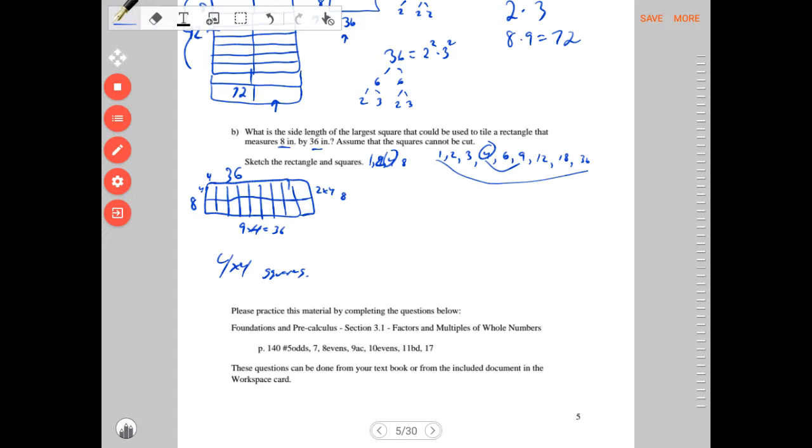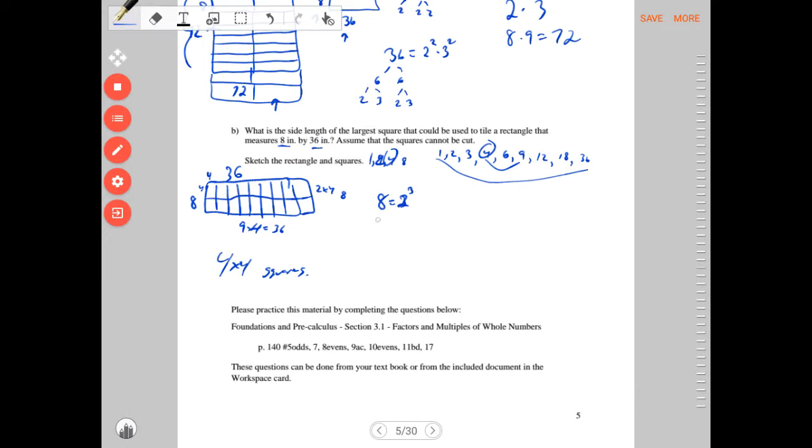I'll tell you what, just for the fun of it, let's do that with the prime factorization just because we can. So remember, 8 is 2 times 2 times 2, which is 2 cubed. And 36 is the same as before, 2 squared times 3 squared. Now remember, for the GCF, we take the numbers that are in both lists.